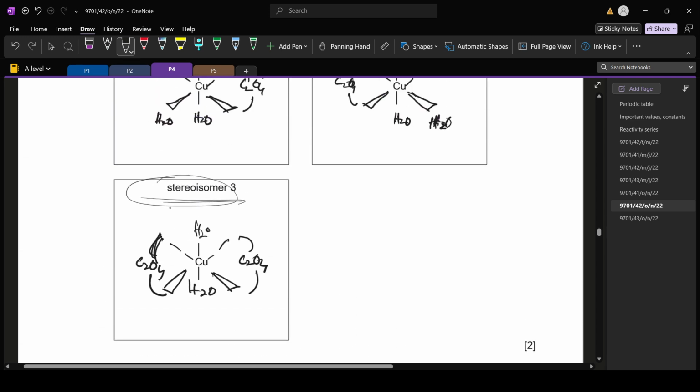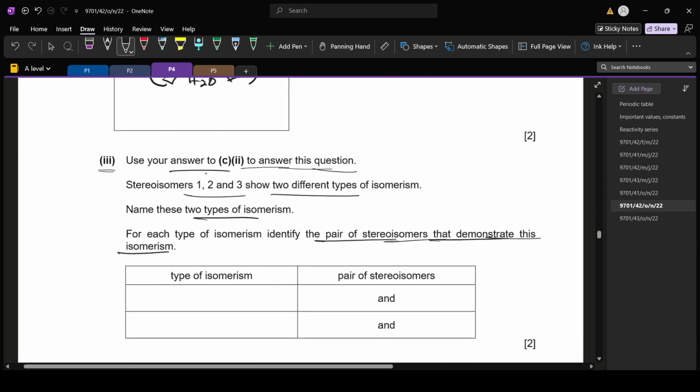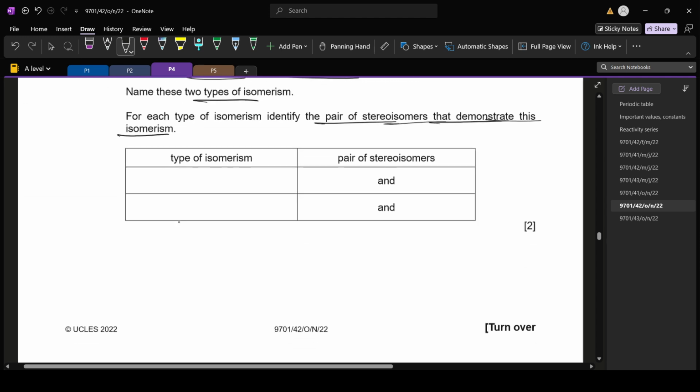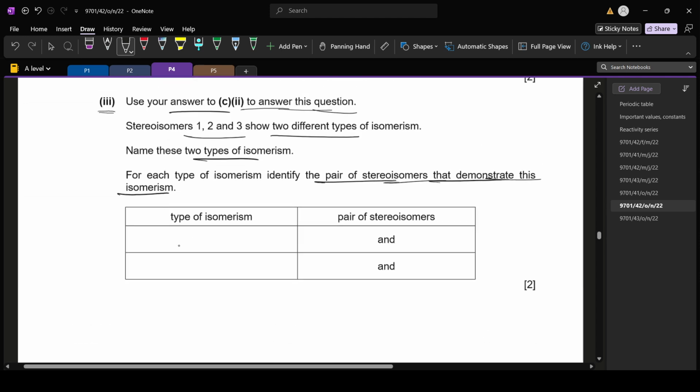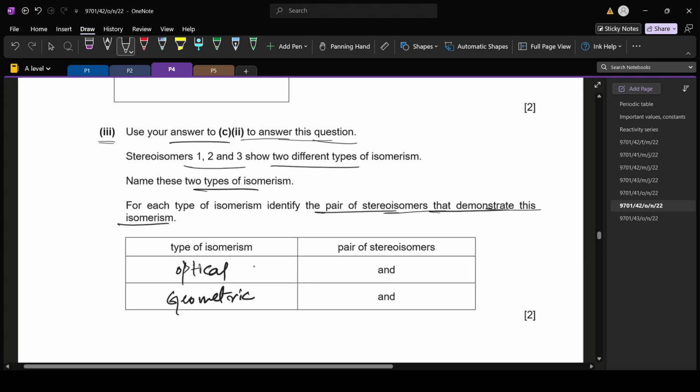So the first type of isomerism is optical isomerism. The second type of isomerism is geometrical, or you can write it as cis and trans, geometric isomerism.